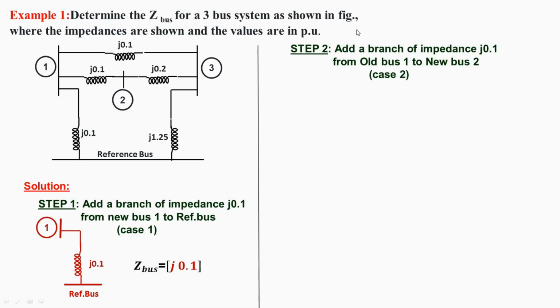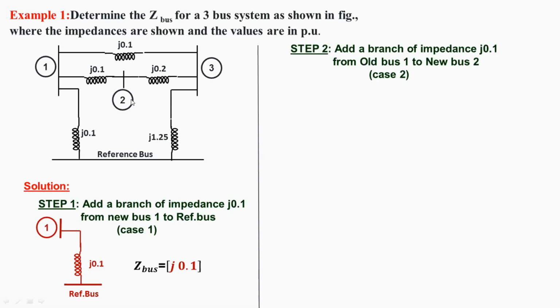In step number 2, add a branch of impedance j0.1 from the old bus 1 to the new bus 2. Bus number 1 is called the old bus because it already exists from step number 1.